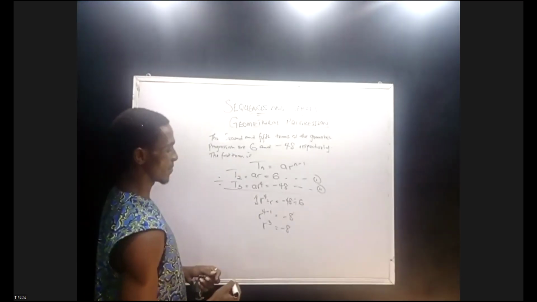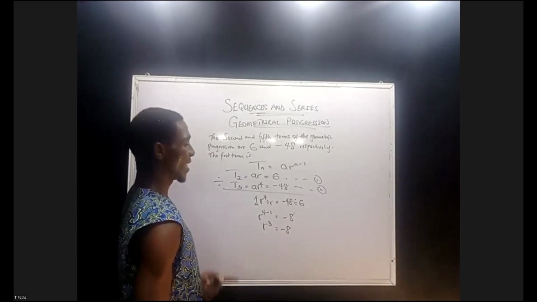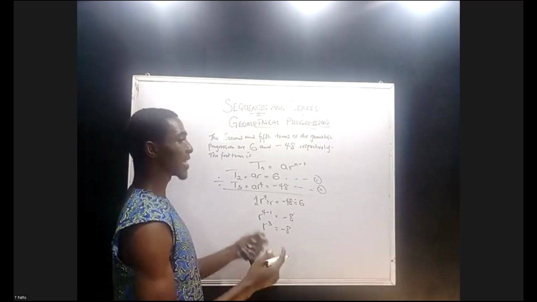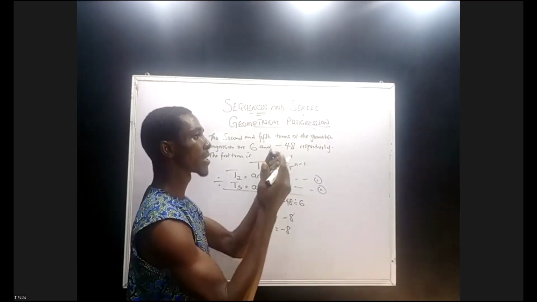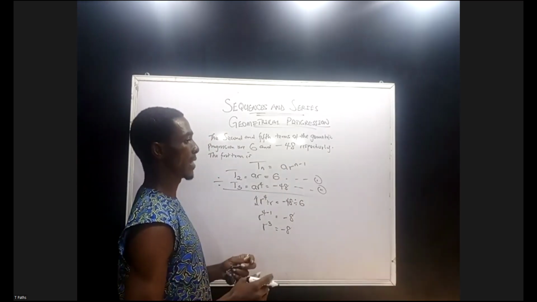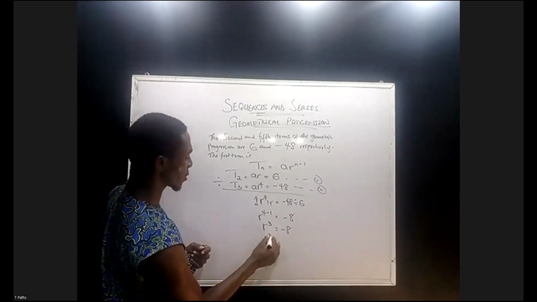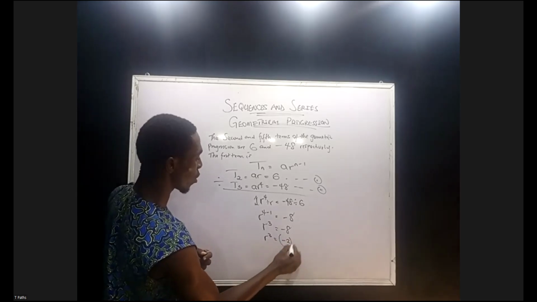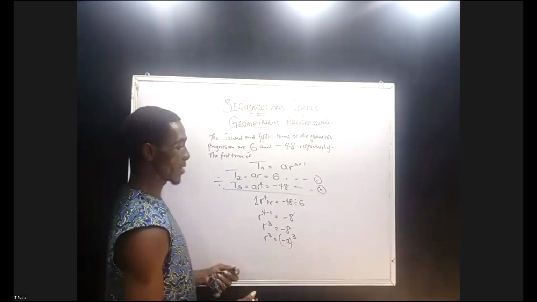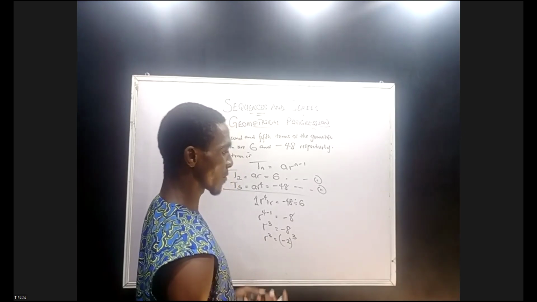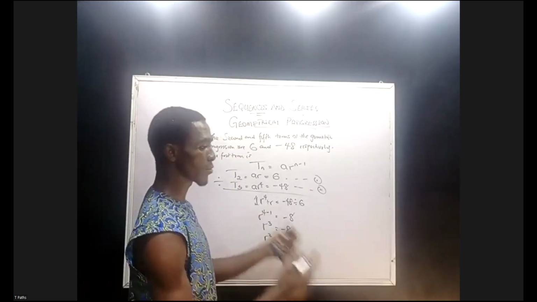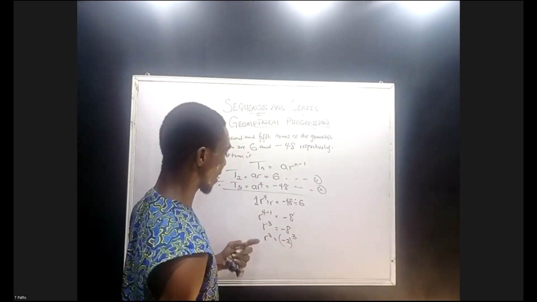What value, when we raise it to the power of 3, will give us minus 8? Find out yourself. It gives us R^3 equals (minus 2)^3, because minus 2 times minus 2 gives you plus 4, and plus 4 times minus 2 gives you minus 8.